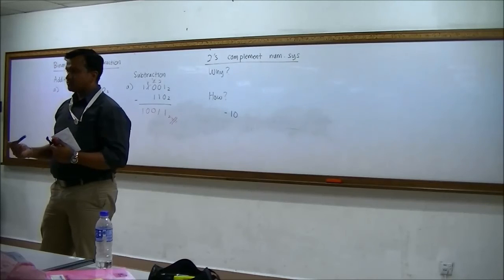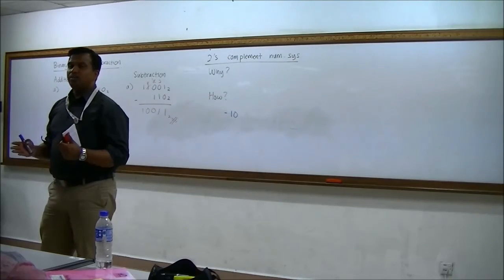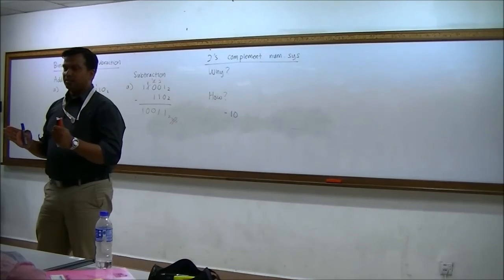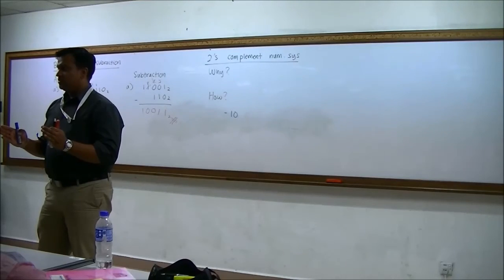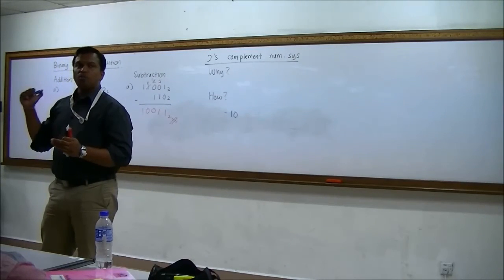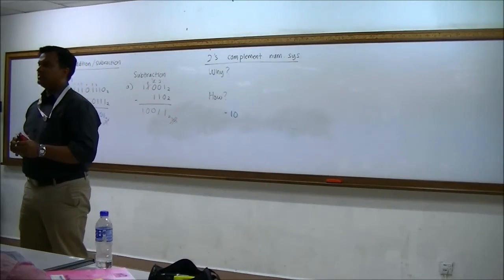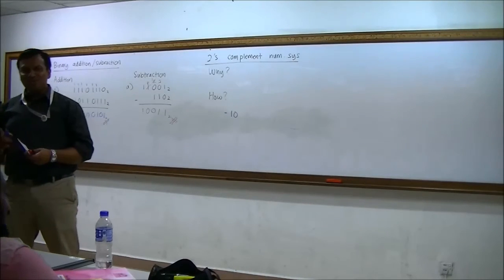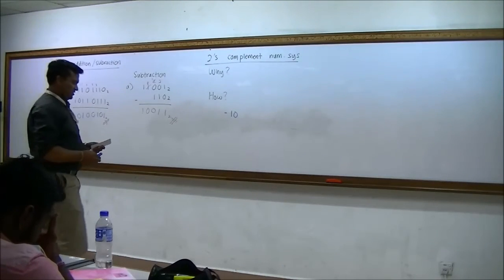So how do we represent them in a fixed data length? It's already 8-bit only. That's where the two's complement number system comes in.